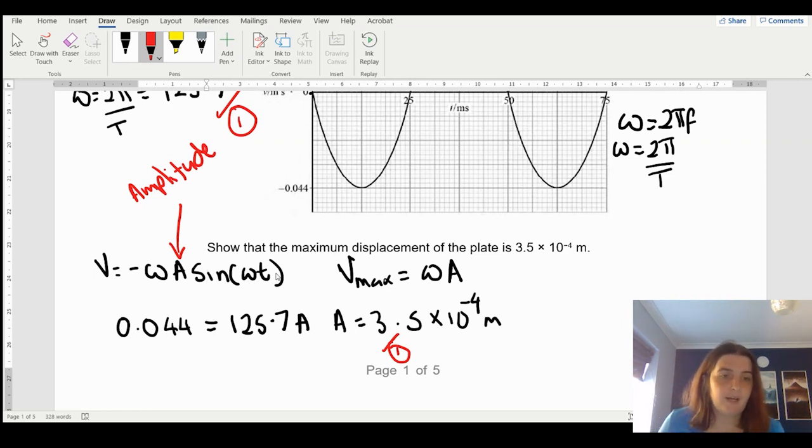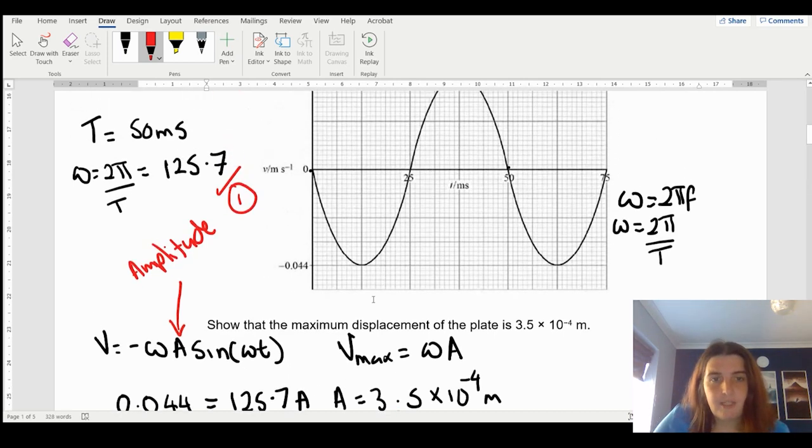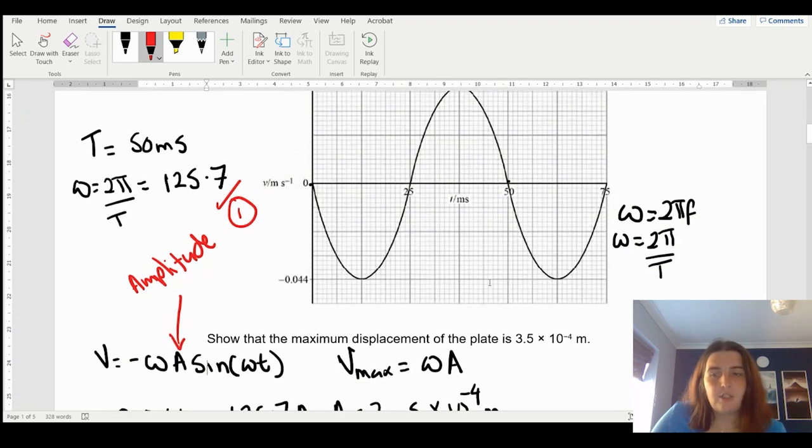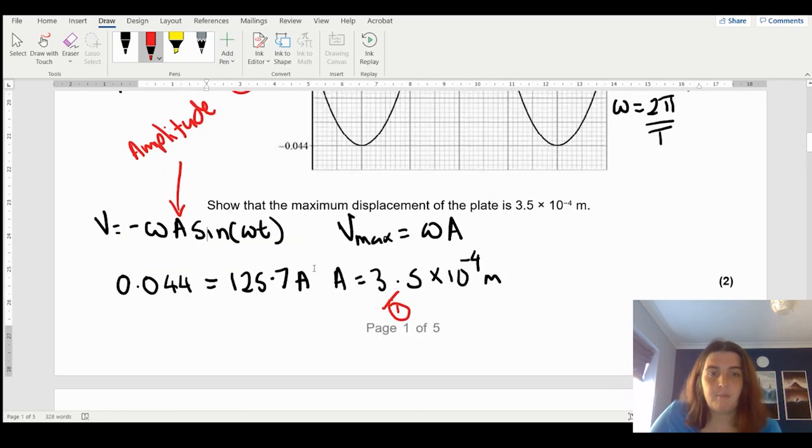And you can actually work out these two sections here. So in the case of EMF, it would be BAN omega, and in the case of SHM, you're working out omega times the amplitude. So it's a neat little trick to realise if you're given a sinusoidal graph and you're asked to work things from it that aren't the frequency or the time period, that you can use the maximum points to find maximum things.